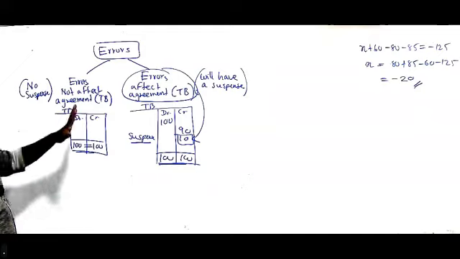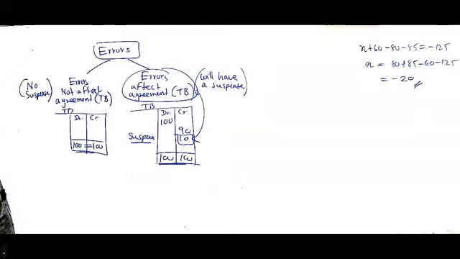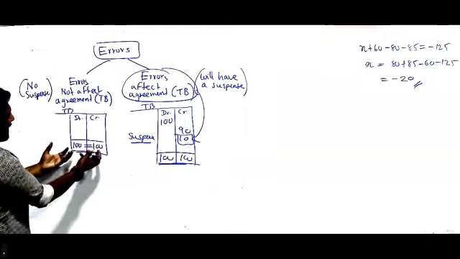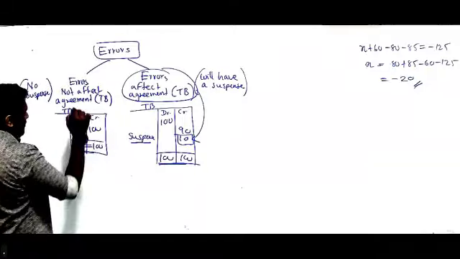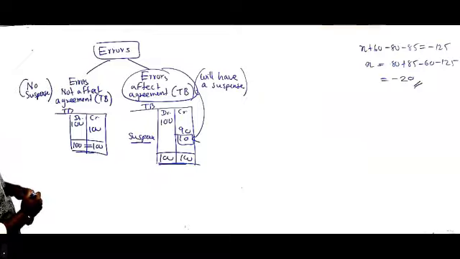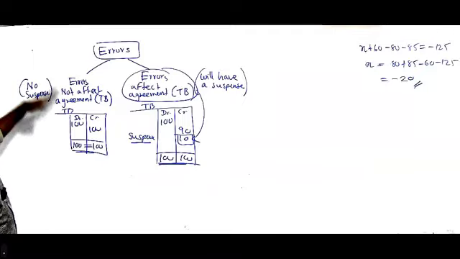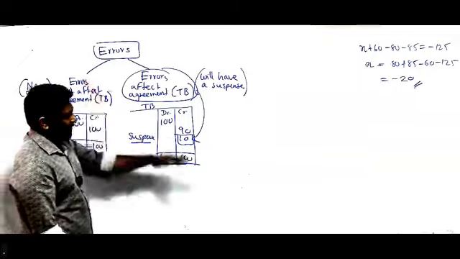So this is the first learning that you should get. Certain errors will affect the agreement, others will not affect the agreement. That means the debit total and credit total are balancing, 100, 100 balancing. So no suspense account in these kinds of errors. In these kinds of errors, you will have a suspense account.